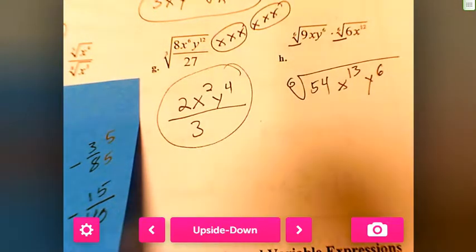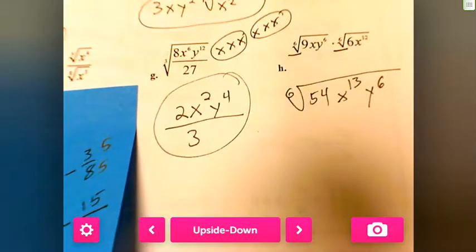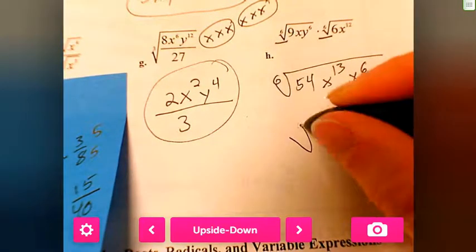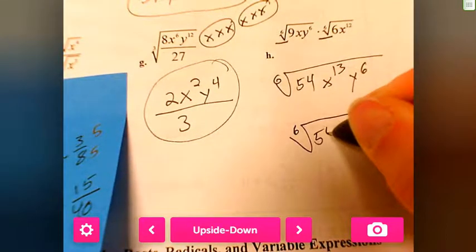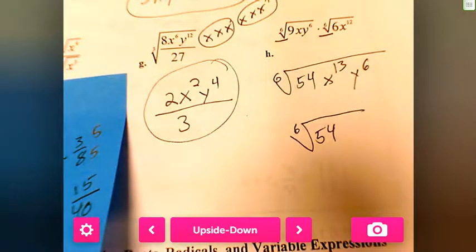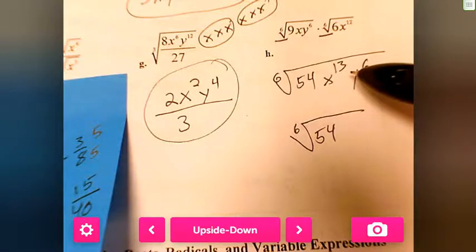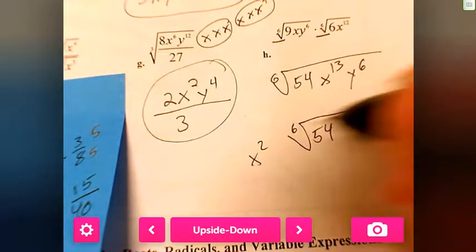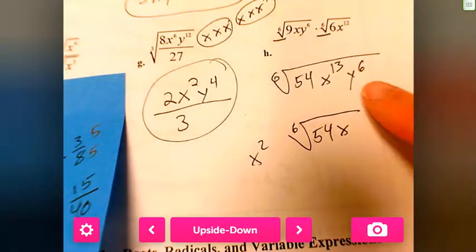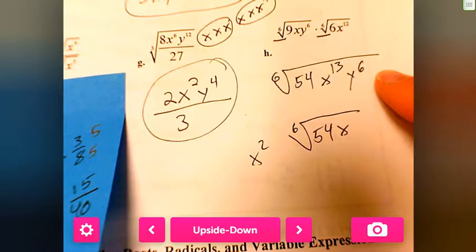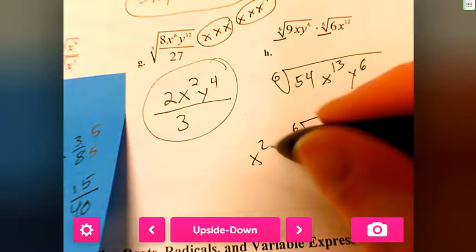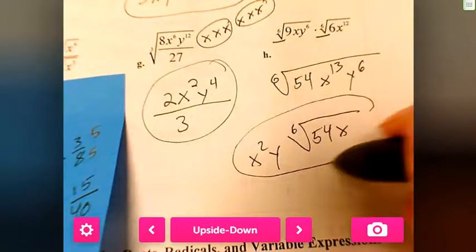All right. Now, I'm going to ignore my 54 because there's not something that I multiply 6 times that gives me 54. But how many groups of 6 does 13 have? 2, with 1 left over, right? How many groups of 6 does y to the 6th have? 1, right? So that's our final answer.